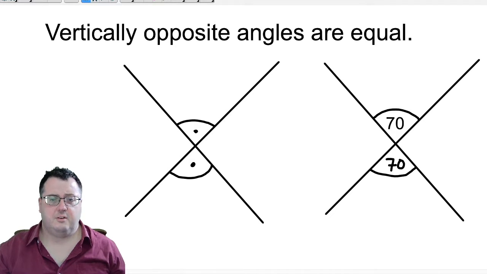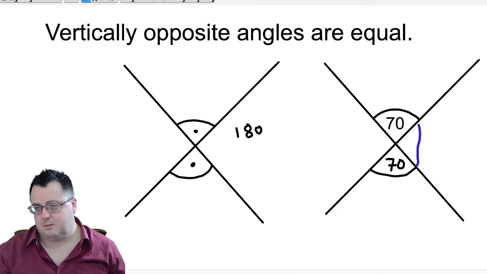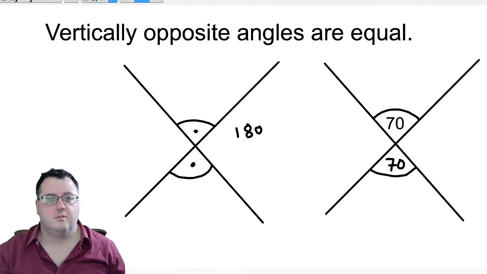Then we should know that angles on a straight line add up to 180. So this 70 on the right, if I add this angle here in blue, it's gone horribly wrong, do apologise, let's try it again.